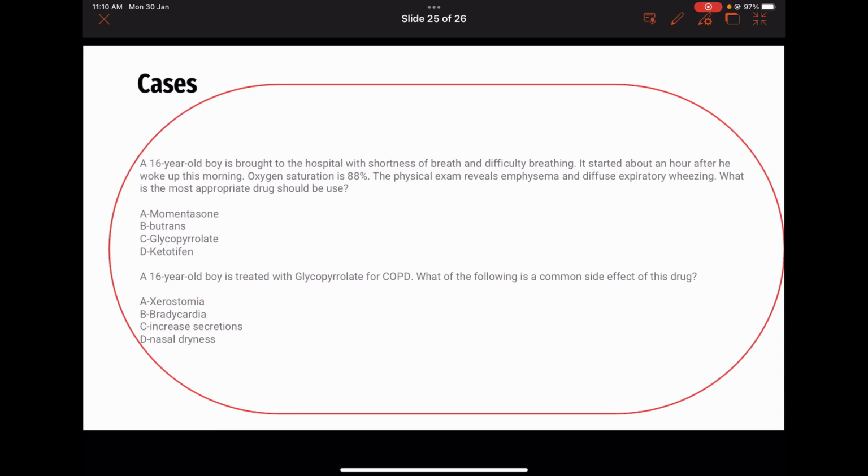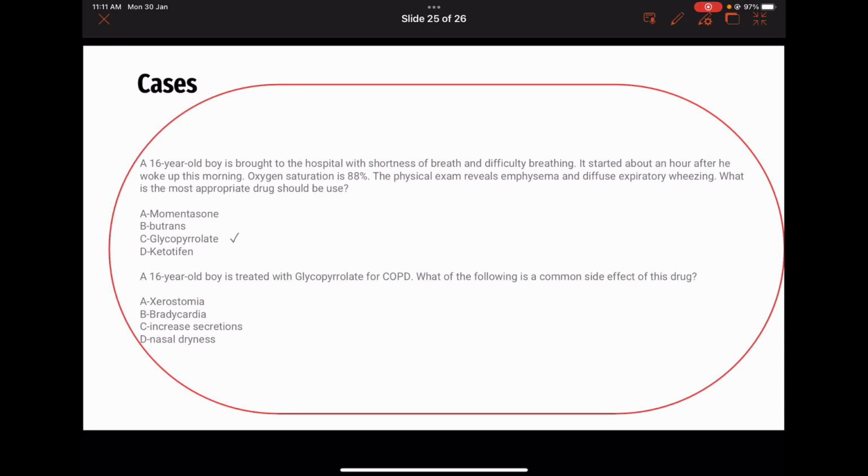Montelukast, butorphanol, glycopyrrolate, or ketotifen? It's glycopyrrolate, because the other choices treat asthma or are painkillers, and another drug does not treat COPD.